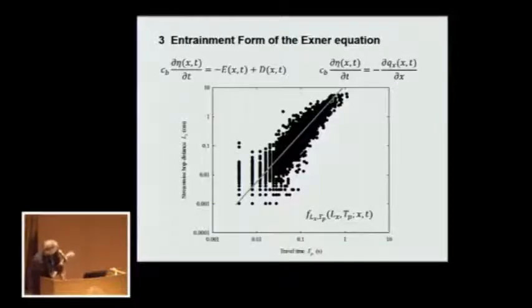Very briefly then, the divergence form of the Exner equation, the rate of change of bed elevation, the simplest form of the entrainment form is the difference between entrainment and deposition, where importantly the joint distribution of hop distances and travel times takes center stage.